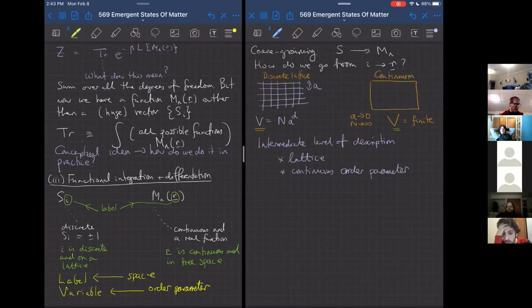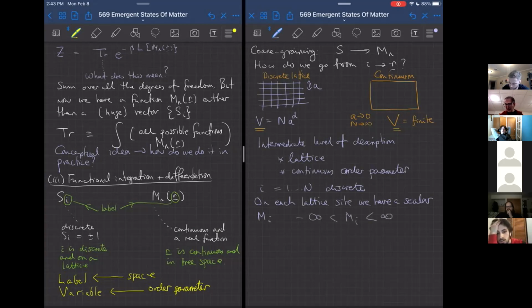And so what I have then is that the I goes from 1 to N is still discrete, but on each lattice site, we have a scalar number, m of I, and this has values from minus infinity to plus infinity.